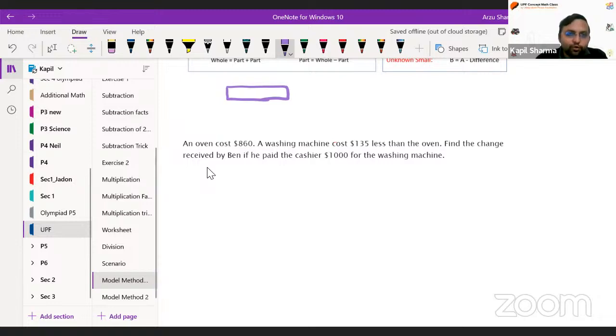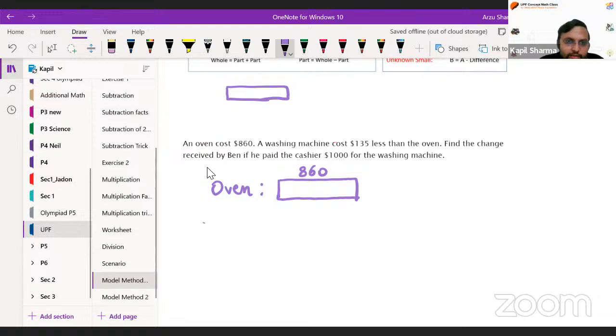So here we have an oven. It costs $860. So let's write oven, and I'm going to represent its cost using this bar. Let's say this bar represents the cost of an oven. Now next is a washing machine that costs $135 less than the oven.